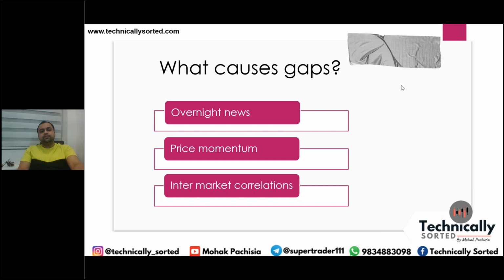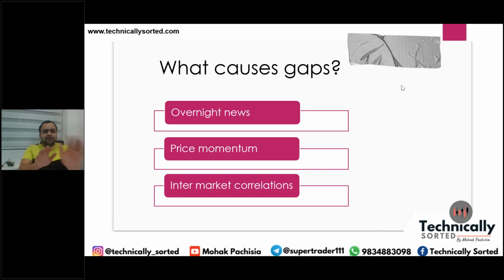See, at any given point in time, a price is only a transaction between the best buyer and the best seller. So at 3:30, if a price closes at a certain level and there is a huge gap up the next day, it simply means that the best buyer is ready to pay that higher price. And if that gap is sustaining, logically it means that there are many such buyers who are ready to buy at the higher price.